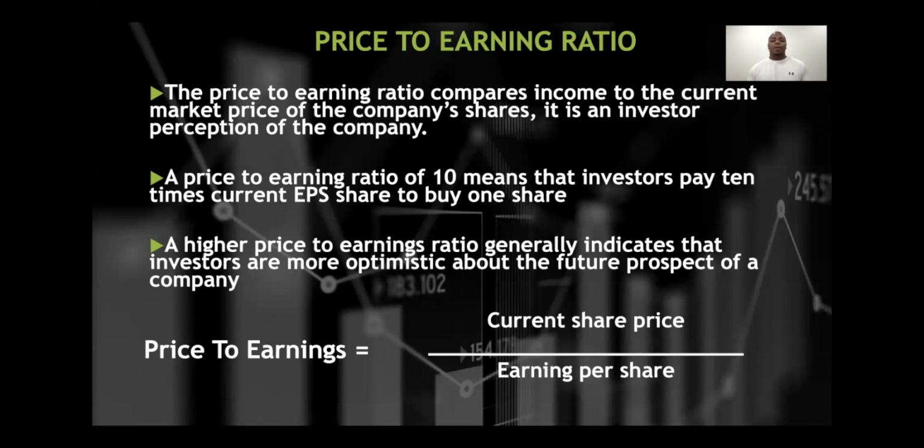This company might be on the brink of bankruptcy, because these people are not very optimistic about this company since it has a PE ratio of 10. People are not willing to pay 10 times, 20 times, 30 times, or 40 times more for this company because they don't believe in the company's future.